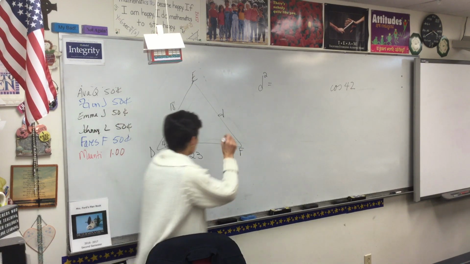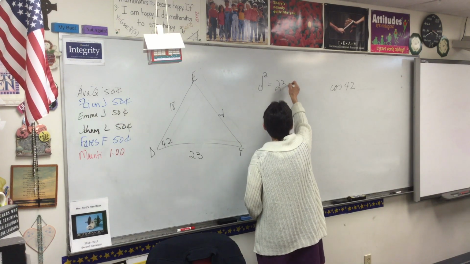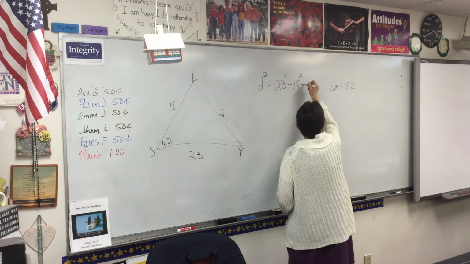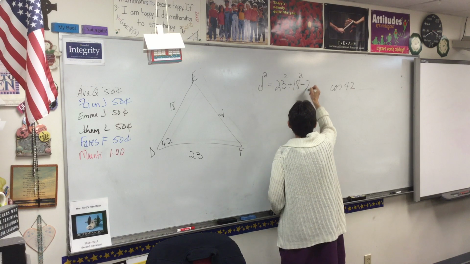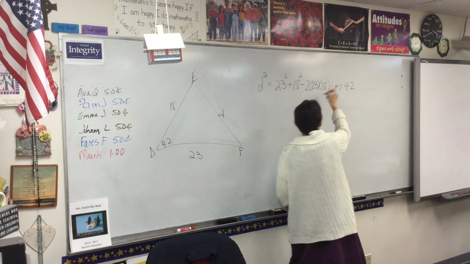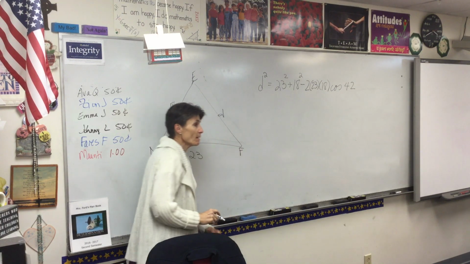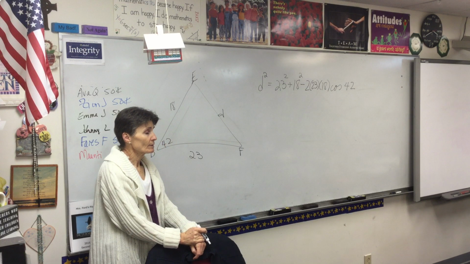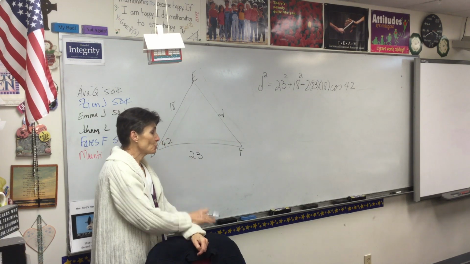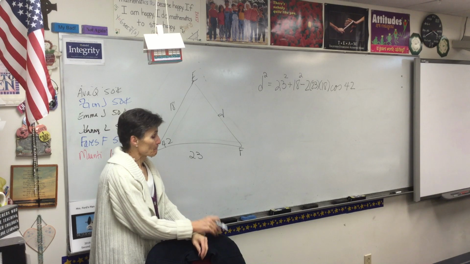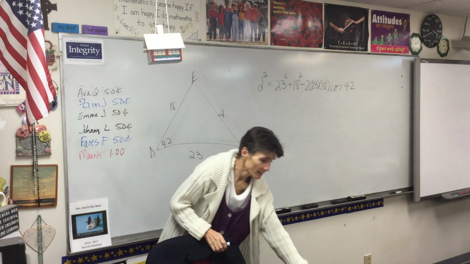Then in the middle will be 23 squared plus 18 squared minus 2 times 18 times 23, and the order there doesn't matter. So let's remember it's side squared plus side squared minus 2 times side times side. All right, let's type that in.